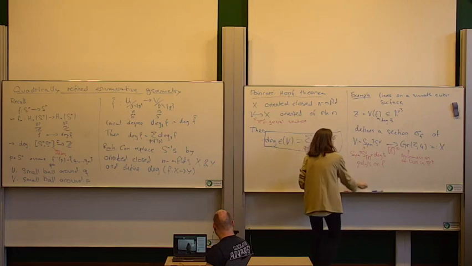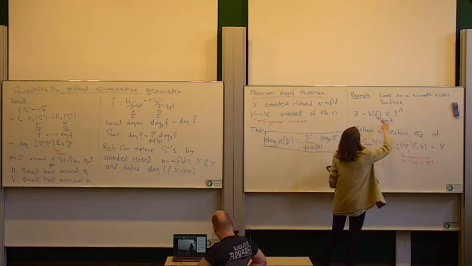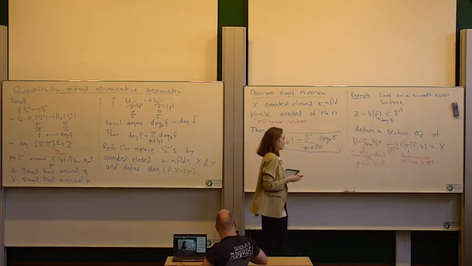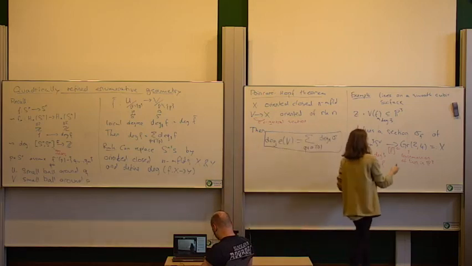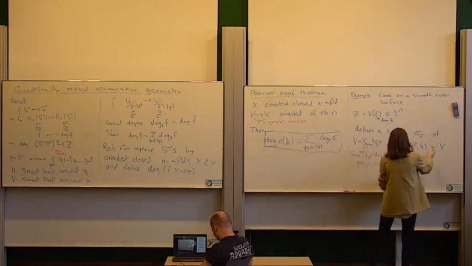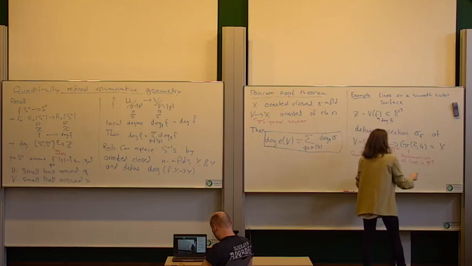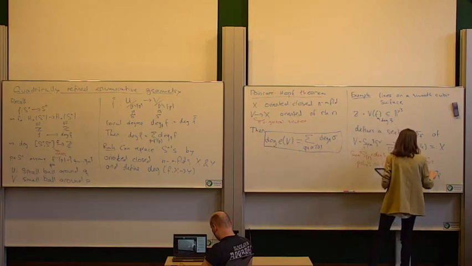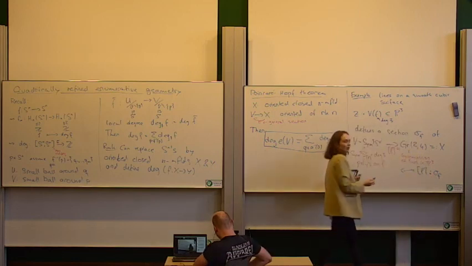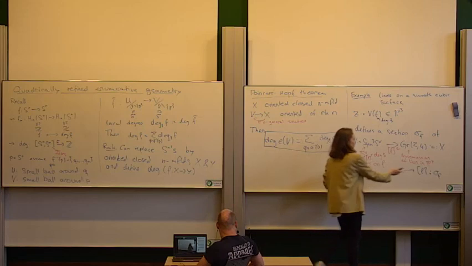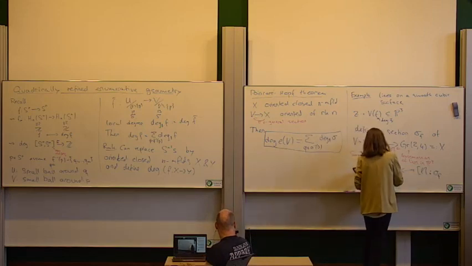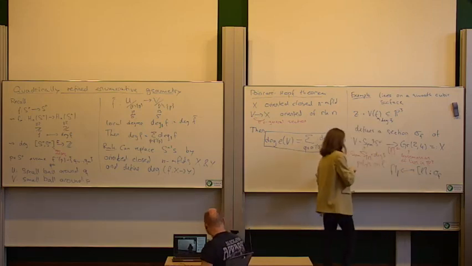And how does my cubic surface give me a section of this bundle? So sigma_f should send a point in the Grassmannian, which corresponds to a line, to just f restricted to L.